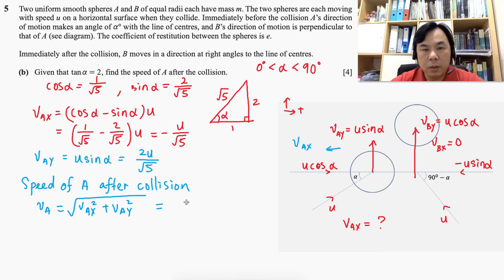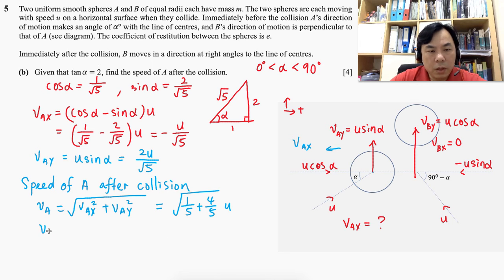That would be the square root of 1 over 5 plus 4 over 5, times u. Let me check whether I got it correct, 4 and 1. Therefore the speed of A after the collision is just equal to u meters per second in this case.